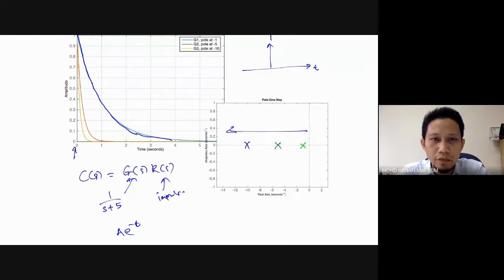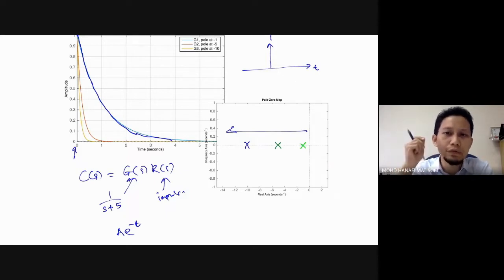This is a very important concept for you to understand. So the essence of this is that the poles located far left in the S-plane decay faster as compared to the poles located near the origin. Origin means 0, near the origin.